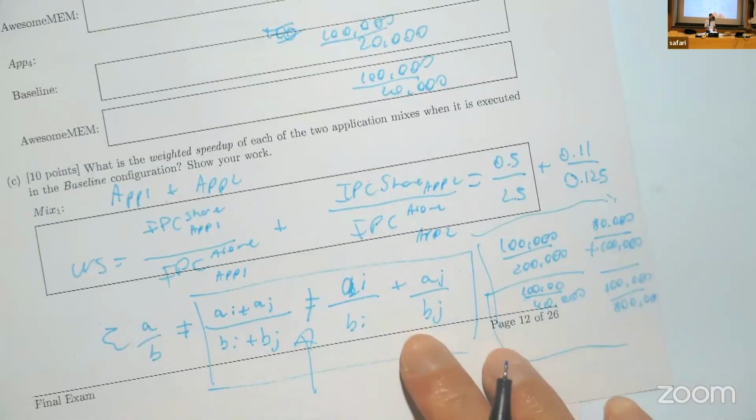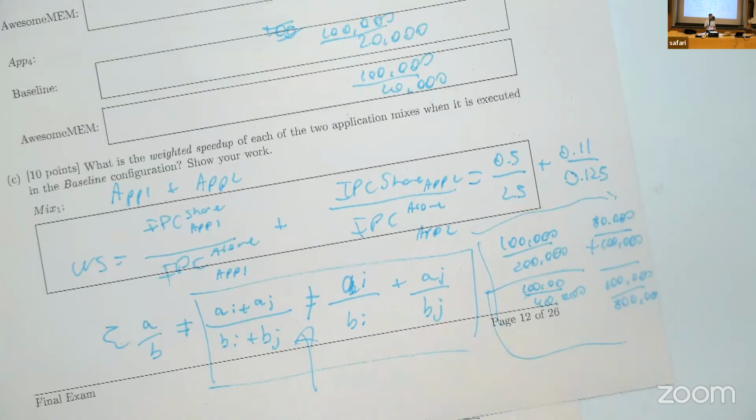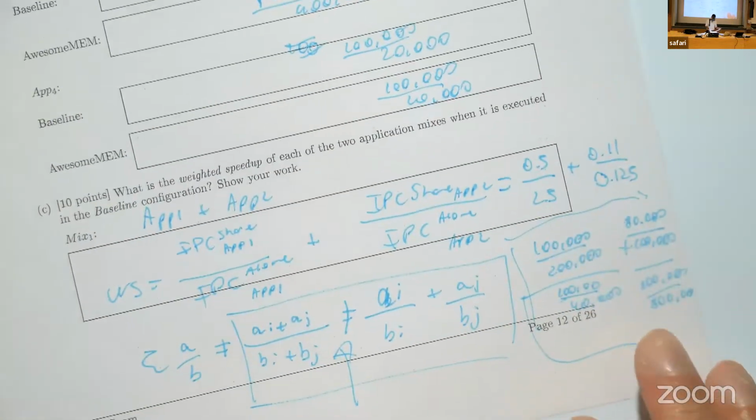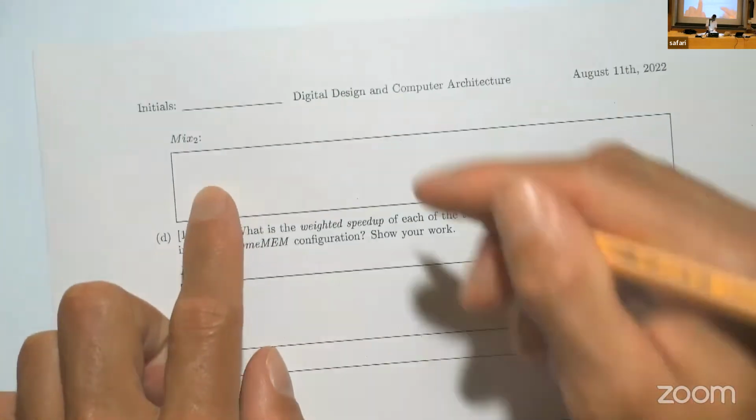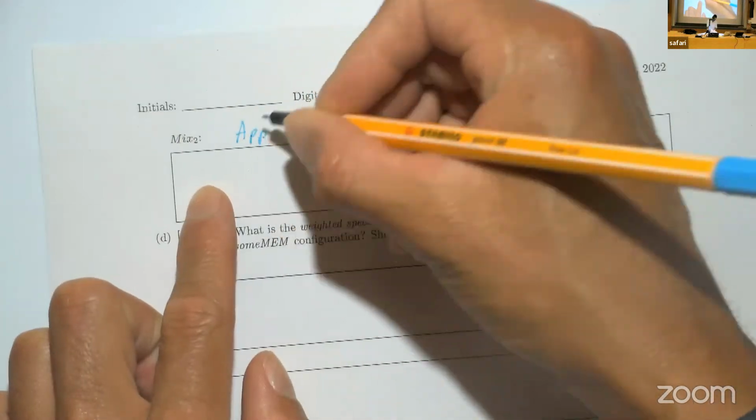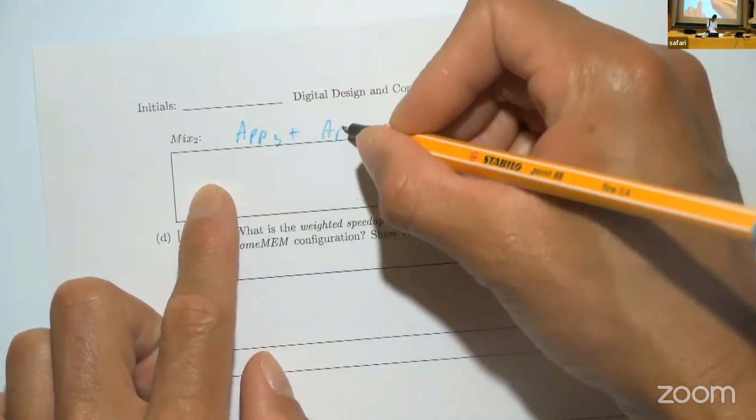Is there any question here? So basically, in the next one, it's going to ask you to do the same thing for mix 2. Mix 2 has application 3 and application 4.